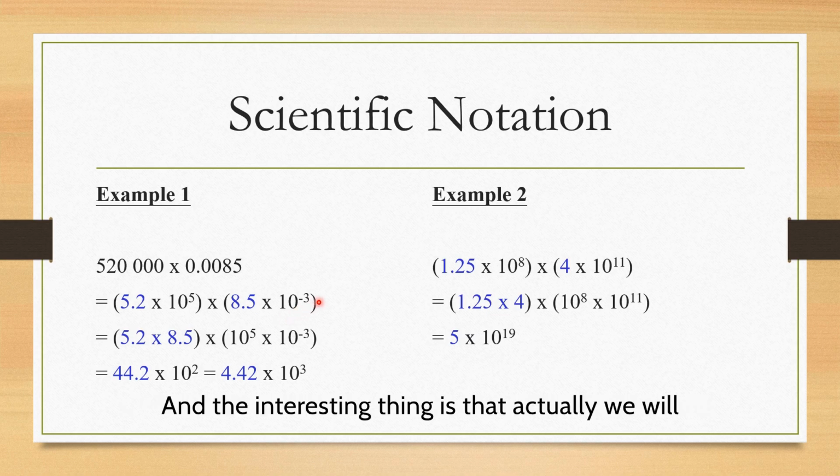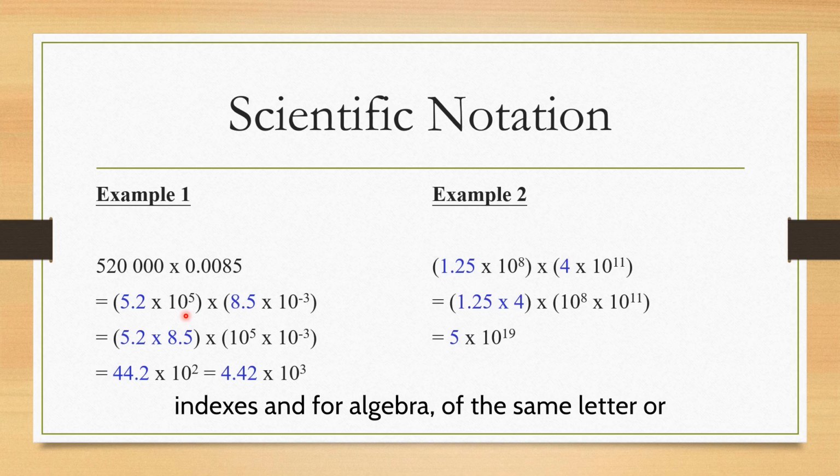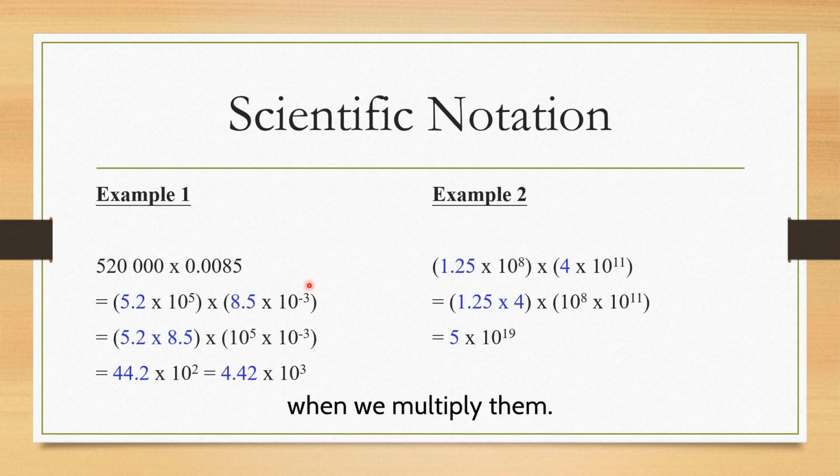And the interesting thing is that, according to what we learned about the law of indexes, when we have the same number to different powers, we can actually add the indexes together when we multiply them.